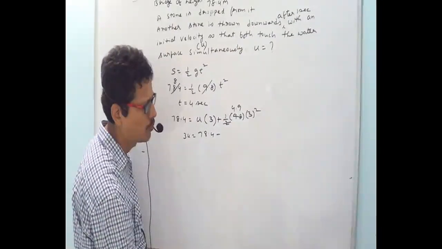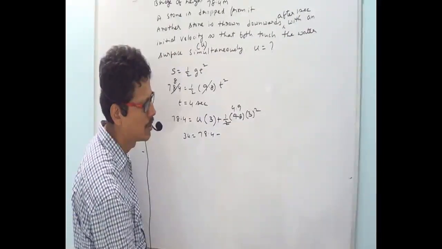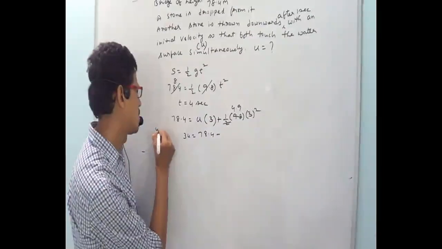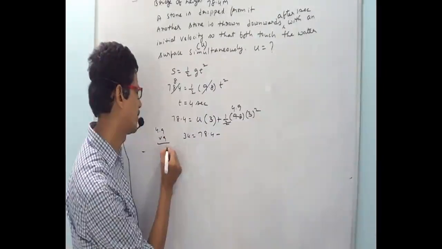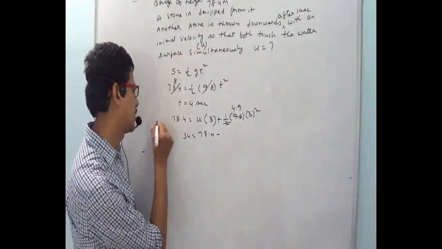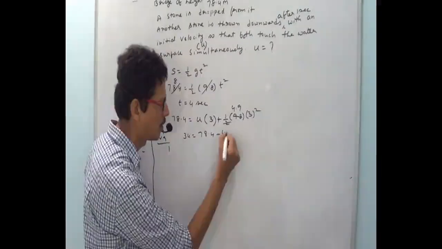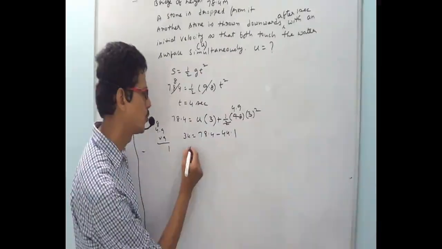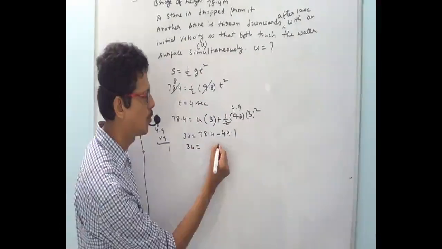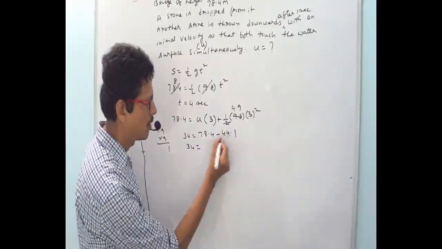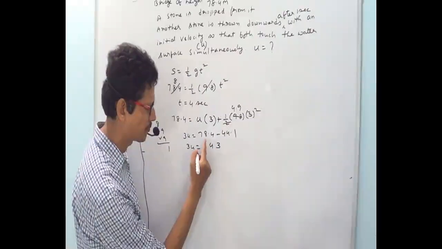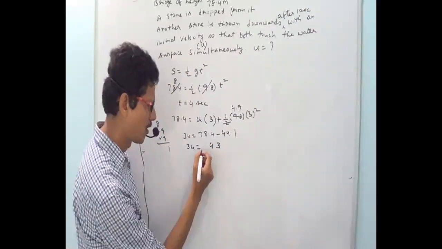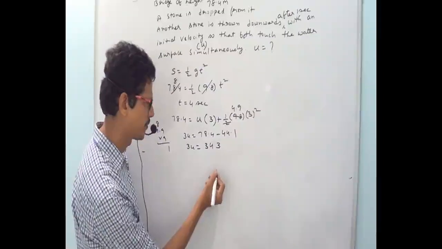What is 9 into 4.9? 4.9 into 9 is 44.1. And if I subtract these two, 3u is equal to how much? 34.3.